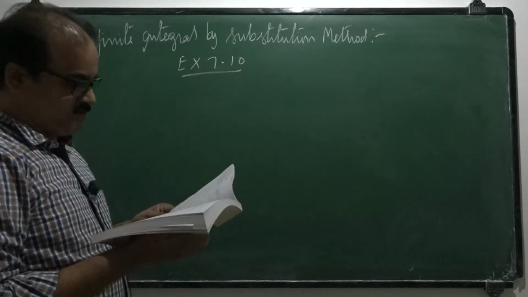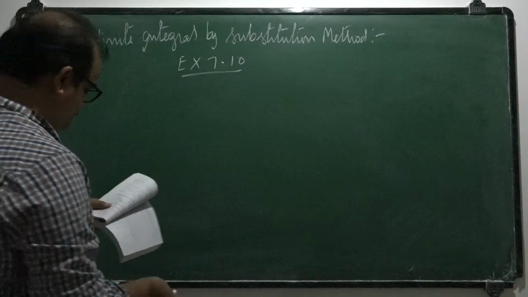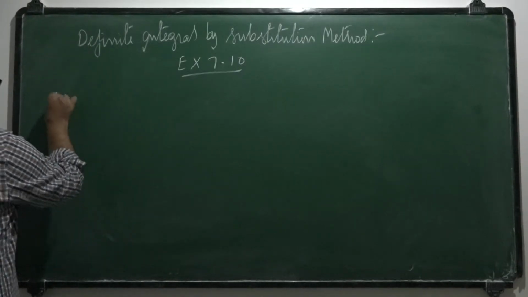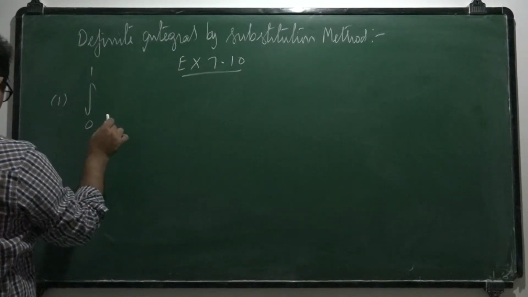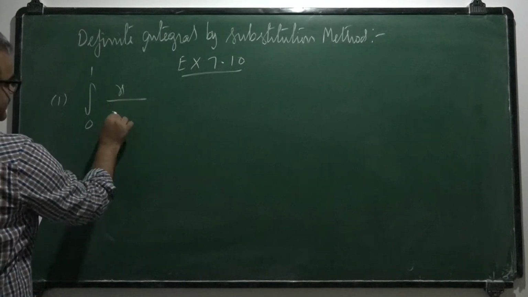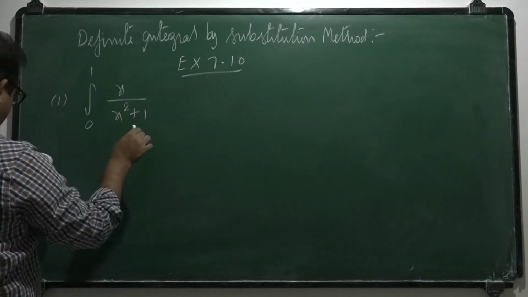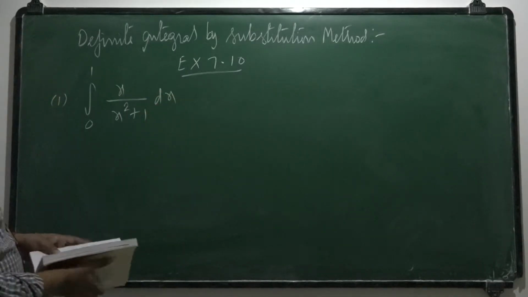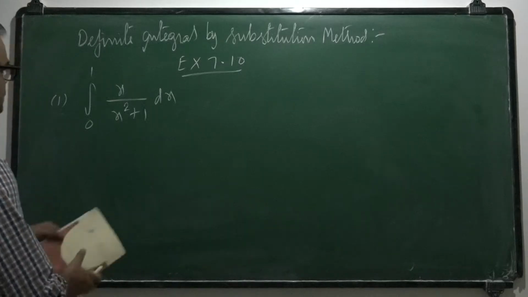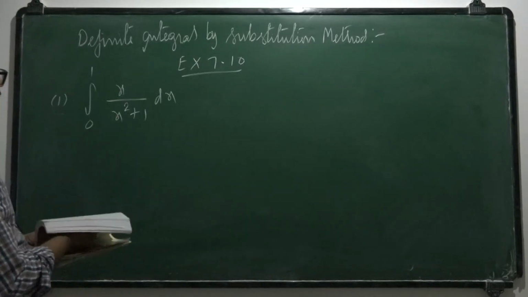Write the first problem. Integral 0 to 1 x by x square plus 1 into dx. Okay, we evaluate this.